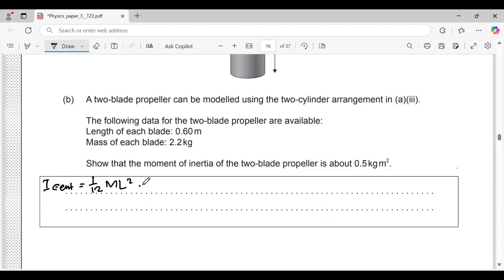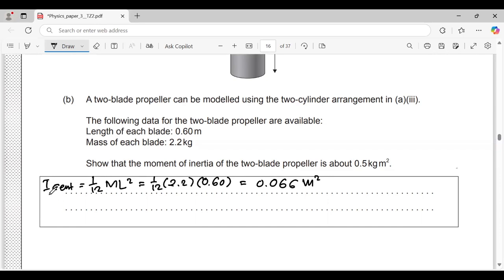So if m equals 2.2 and length equals 0.6, it's going to be 1/12 times 2.2 times 0.6 squared, and it is 0.066 kilograms meter squared.